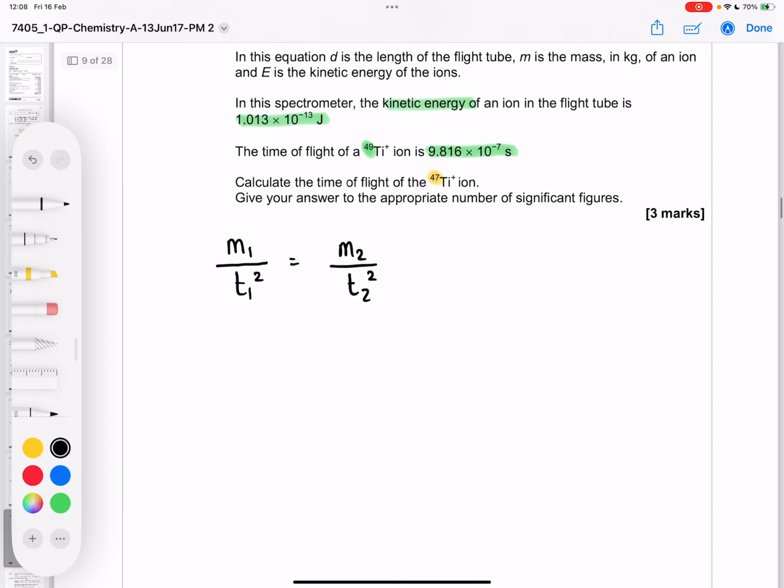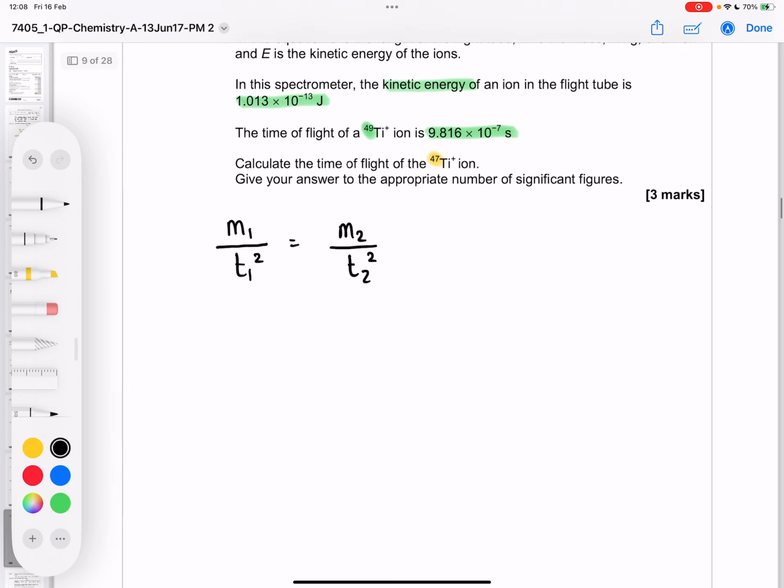So we could just use this version instead, and this would be a lot easier, because also the conversion between mass number and mass in kilograms is not needed here, because it's going to be the same for both. So we could say 49 over 9.816 times 10 to the minus 7 squared equals 47 divided by our new time squared.